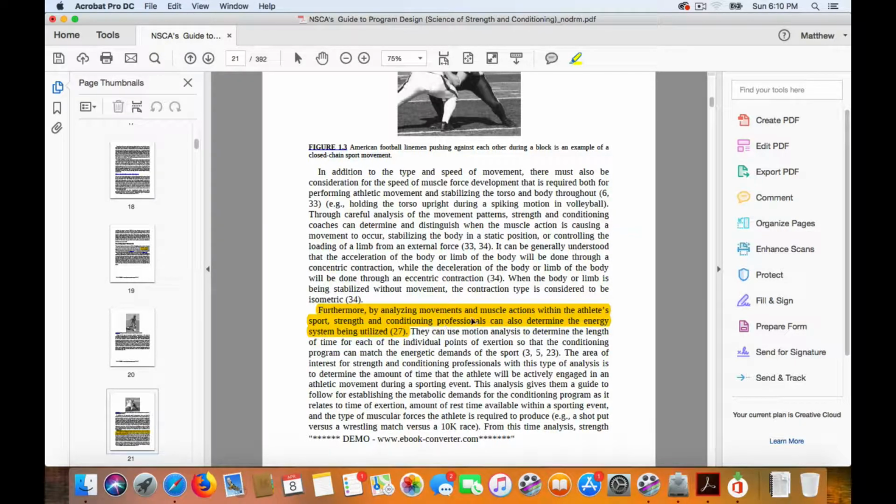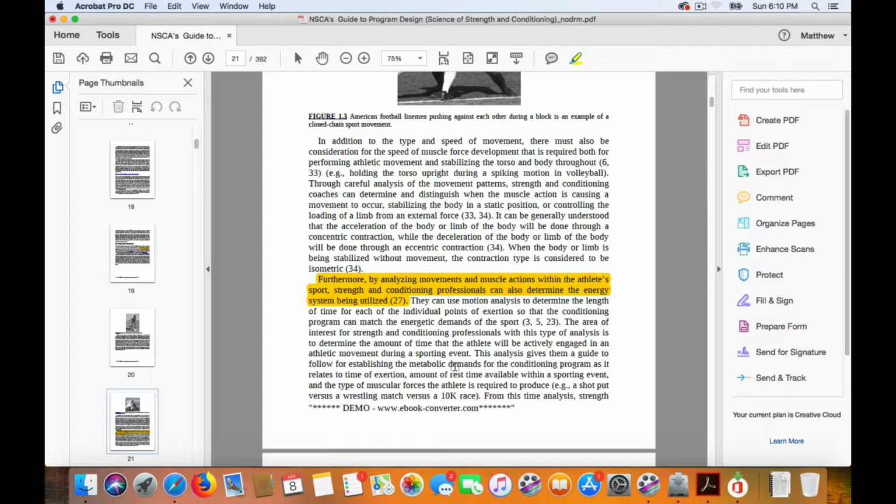by analyzing the movements and muscle actions within the athlete's sport, strength and conditioning professionals can also determine the energy system being utilized. So remember, each section of this book always plays off of itself. So understanding the biomechanical assessments can also help you to understand the energy systems involved at each joint structure.